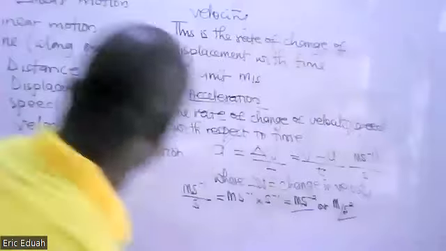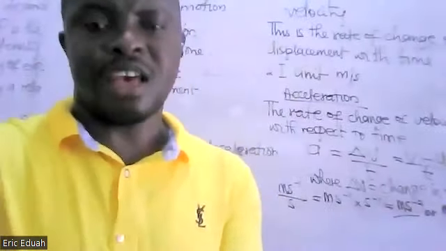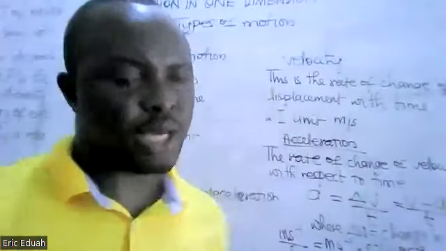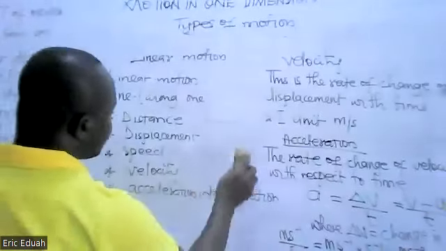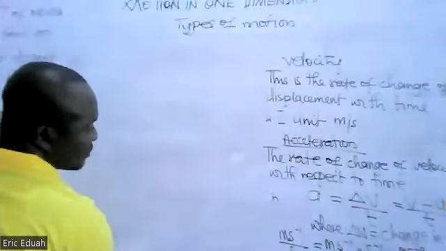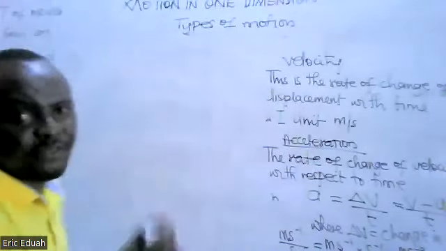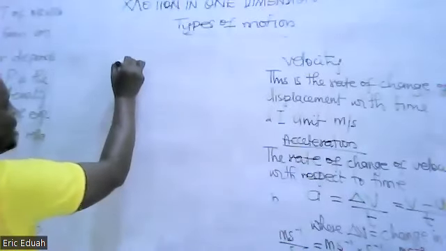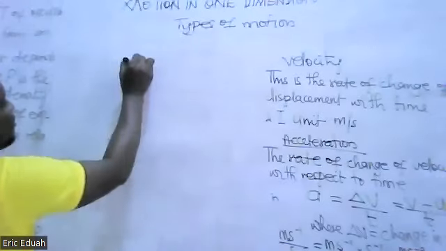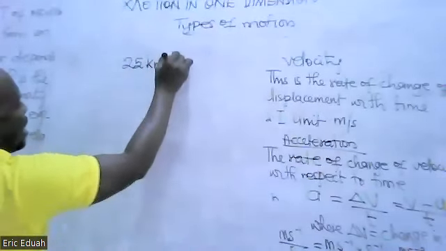Let's quickly go through something. I want to give you a value in other units, and let's see how we can convert. So maybe the velocity of a body given to you is 25 kilometer per hour.